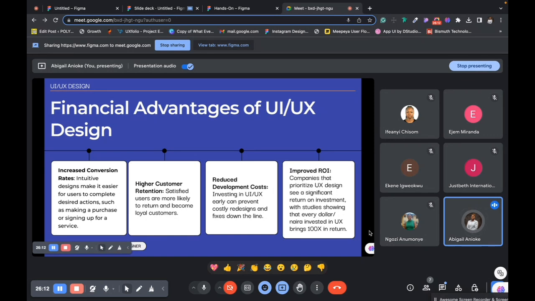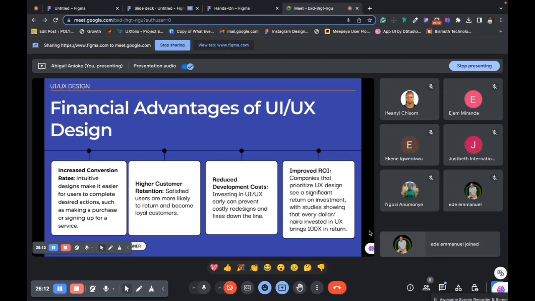When the product owner is satisfied with what has been done by the UI UX person, then it moves to the development phase, and that's where we have the dev handover. So in this case, it's more like the architect handing over the design to the civil engineers after discussing with the house owner, and he's satisfied.